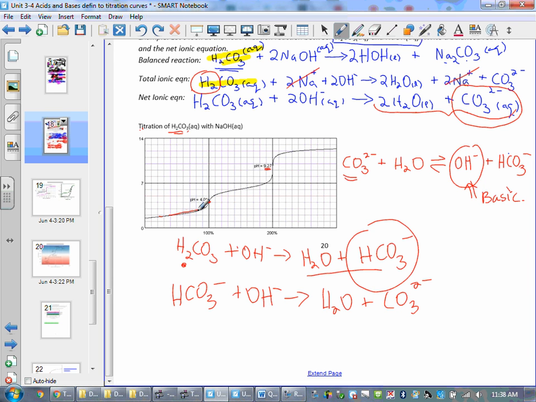Why are we adding hydroxide? Because we're titrating with hydroxide. This is the reaction to react the last proton at our second equivalence point. So we've got 2 little mini reactions that happen here.